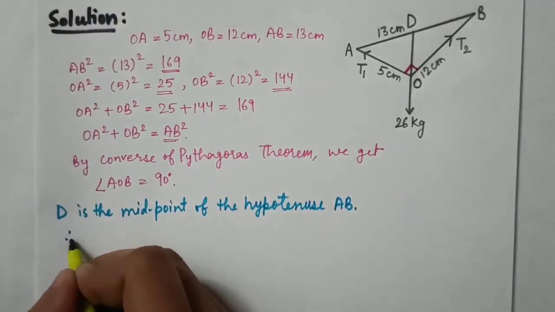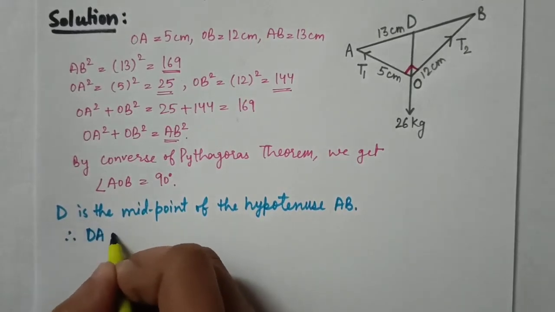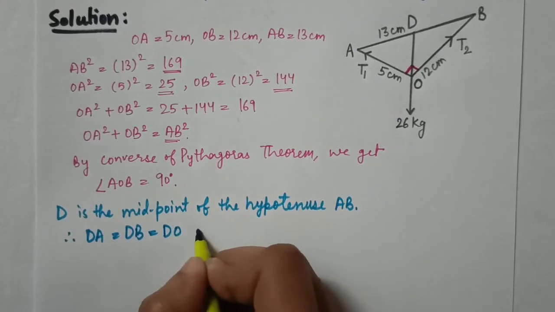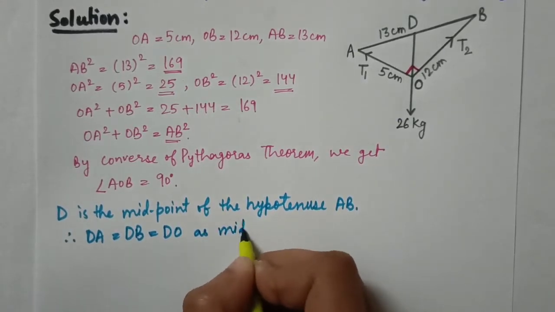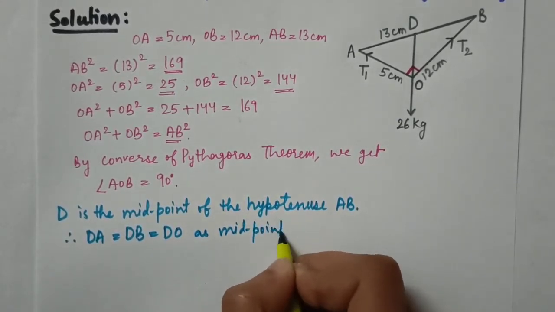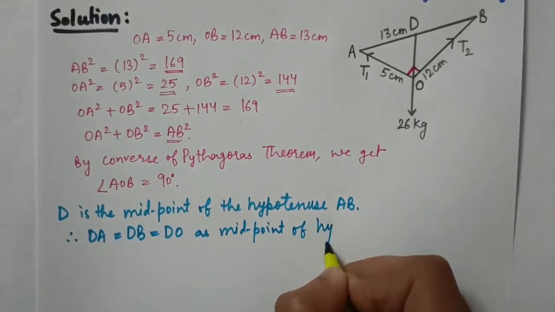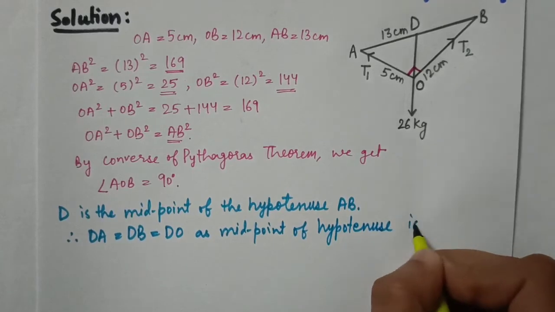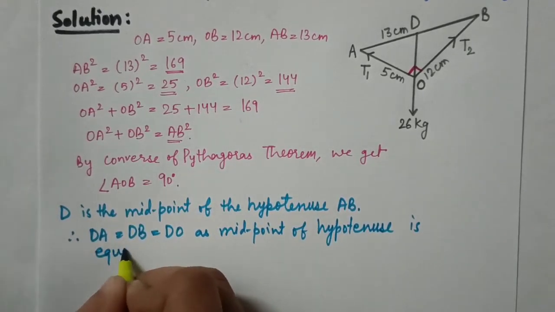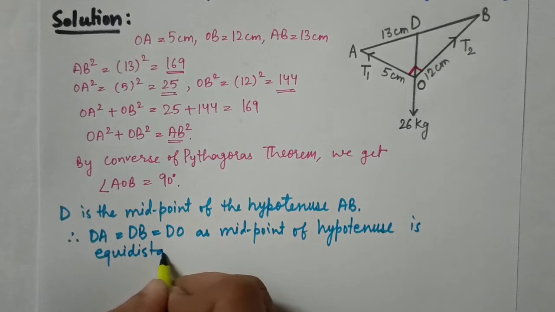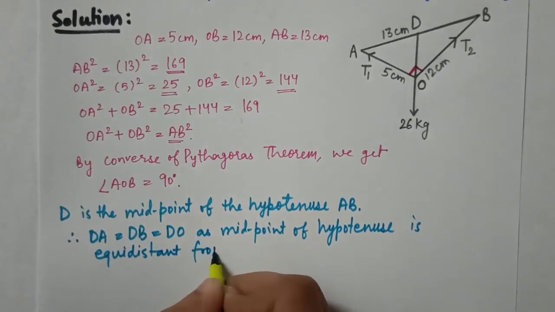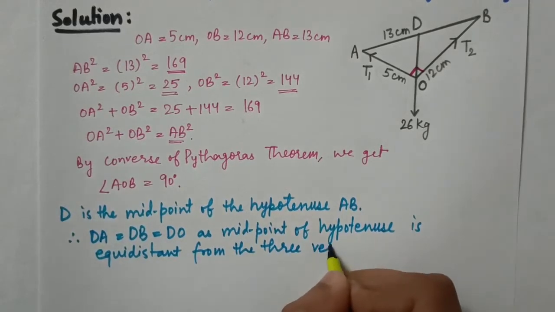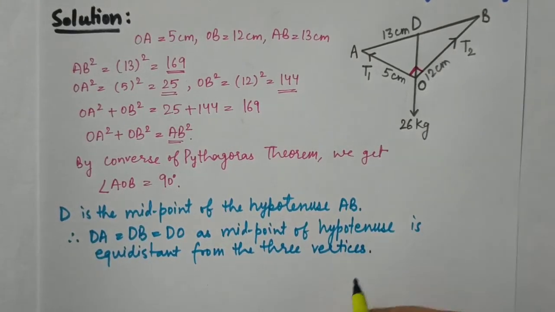So let us say that DA is equal to DB is equal to DO, as the midpoint of the hypotenuse is equidistant from the three vertices.